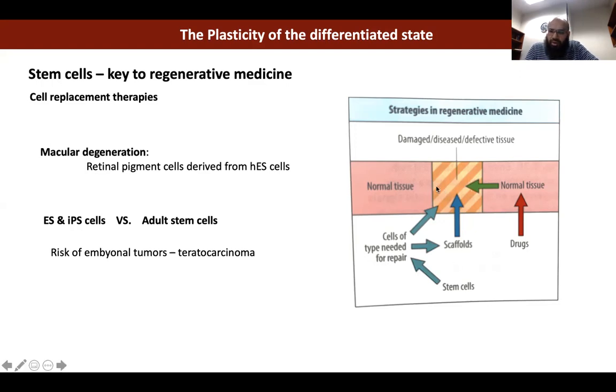So imagine you have a damaged or diseased tissue, and there is an adjacent normal tissue, and there are different strategies that you can use to recreate the normal tissue in place of this damaged diseased tissue.